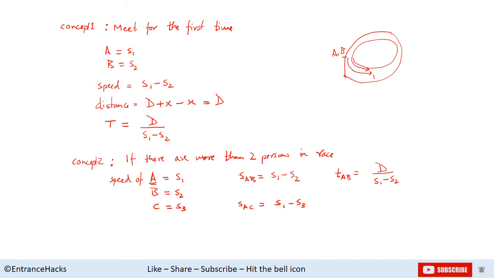Similarly, the time taken for A to cross C will be D upon s1 minus s3, right? So at what time will the three of them meet together? It will be the LCM of TAB and TAC. So all three will meet at the LCM of TAB and TAC.